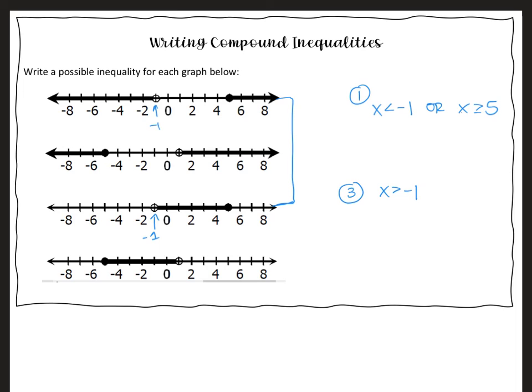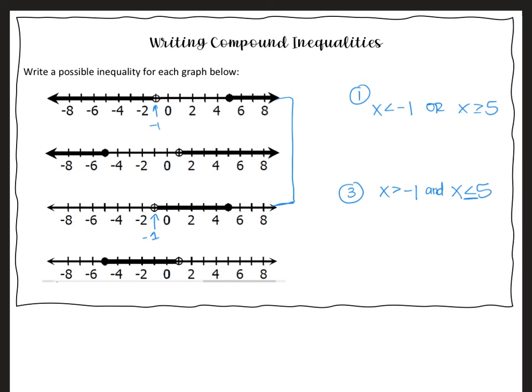X can be greater than -1, and x also has to be less than or equal to 5, since it's a closed circle. And so this is when you would say "and" here, because it needs to be both. It can't just be greater than -1. Otherwise, 8 could be an example, because 8 is greater than -1. But notice it's not in the solution set because it's not less than or equal to 5.